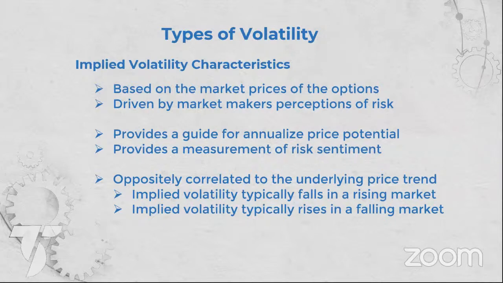So some of the characteristics of implied volatility that you need to be aware of. As I've said, implied volatility is based on the prices of the options, and it's based on the market prices, driven primarily by market makers and their perception of risk in the market. And as I said, the market makers are such an important aspect of options trading, because otherwise there just wouldn't be the availability of all of the strikes, all of the series that we could trade.